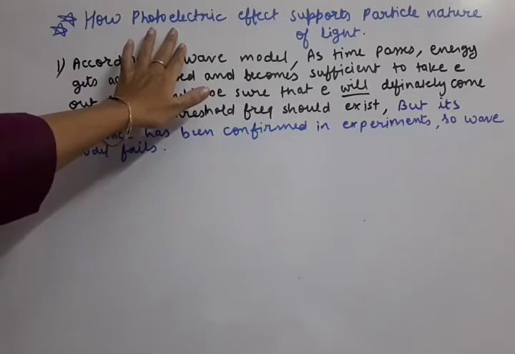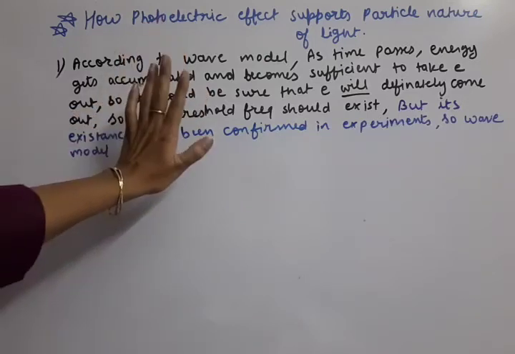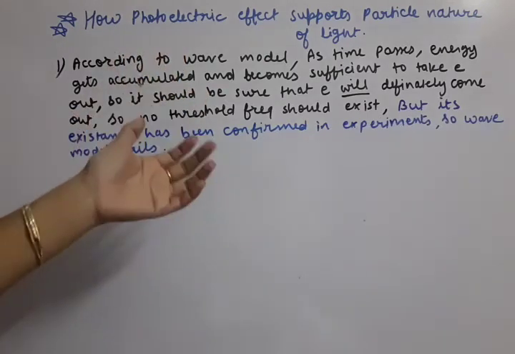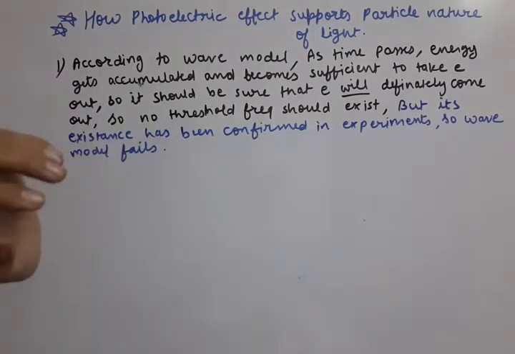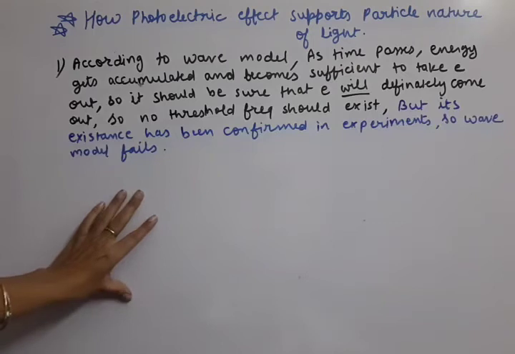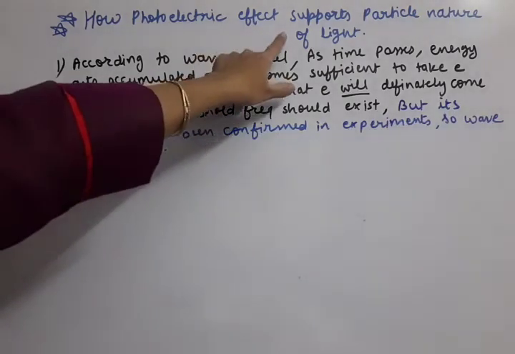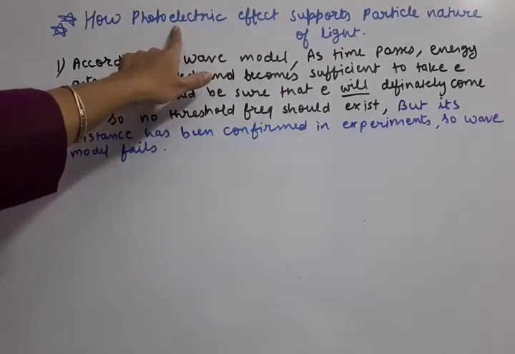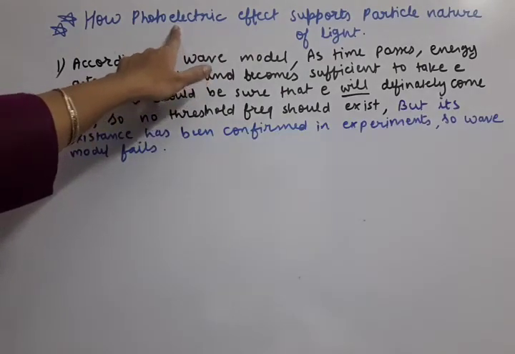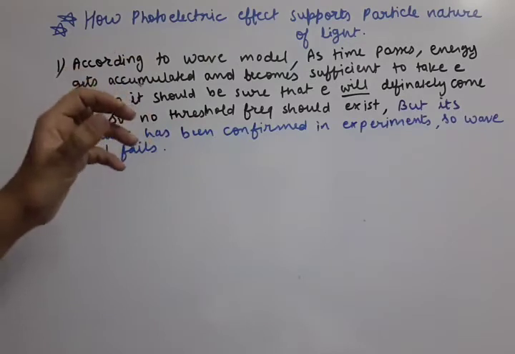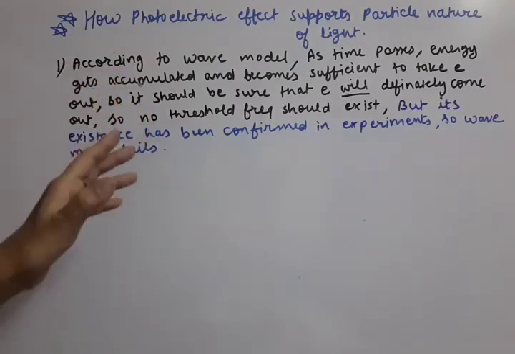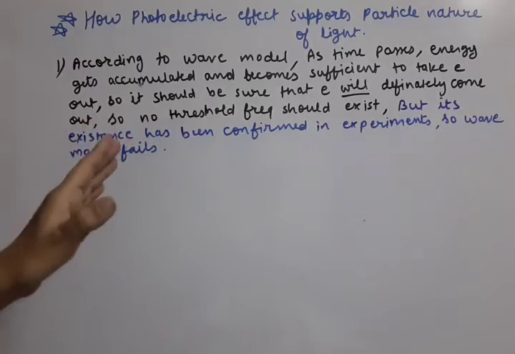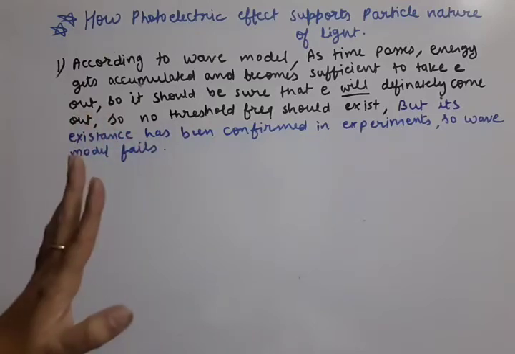What are the facts which are ruling out the wave nature of light and supporting the particle nature of light? We have to list down and discuss all the points which support the particle nature of light in the photoelectric effect. Whatever observations we have seen in the photoelectric effect will help us to understand that here only the particle nature of light is needed.